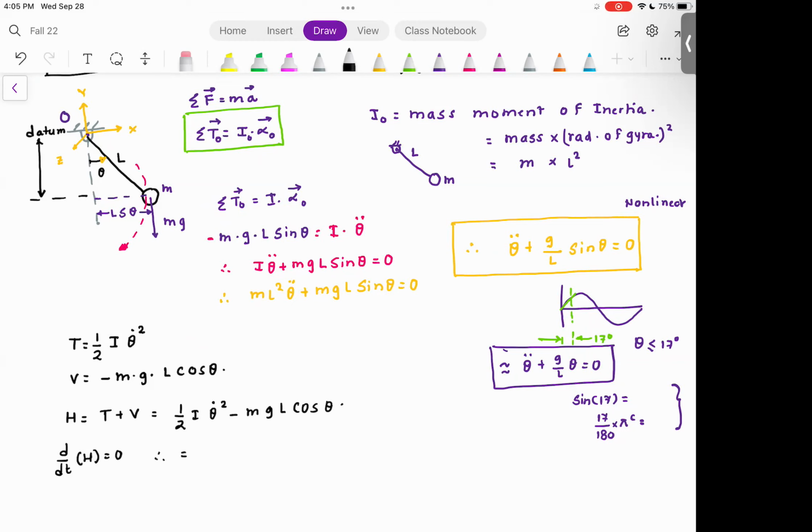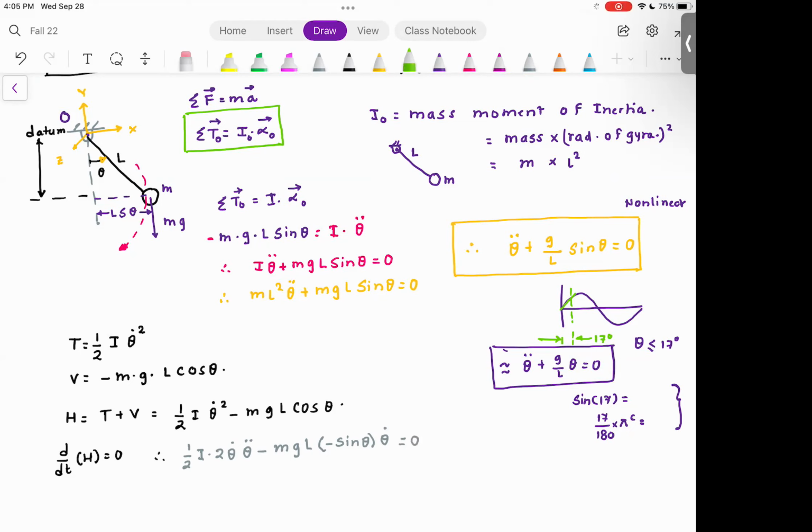So this expression becomes 1/2 I multiplied by 2 times theta dot, theta double dot, minus m is a constant, g is a constant, L is a constant, cosine theta taken the derivative becomes minus sine theta. Again, by chain rule, I need to multiply this by theta dot, is equal to 0.